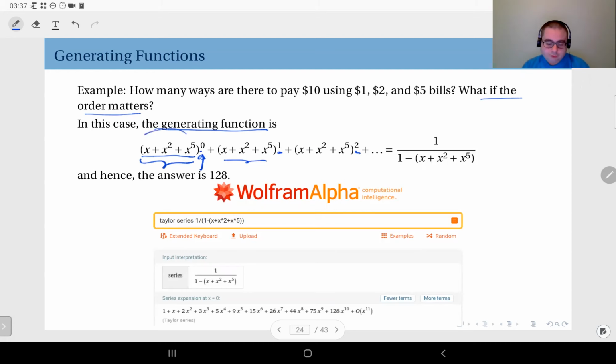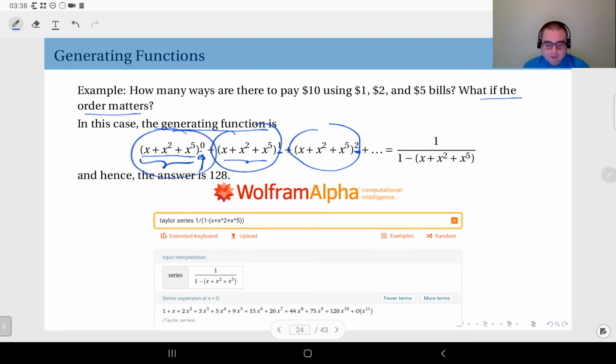So this corresponds to the constructions using 0 bills in total. This corresponds to the selections with a single bill, either 1 or 2 or 5, and this corresponds to the configurations with 2 bills. Okay, and addition up to infinity.